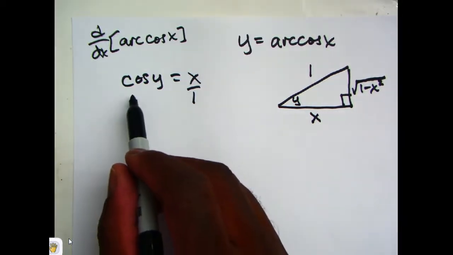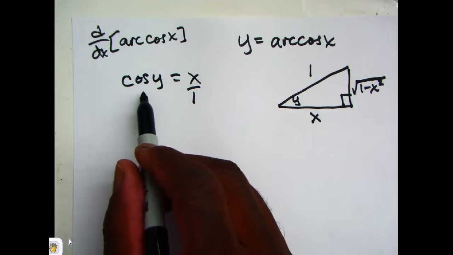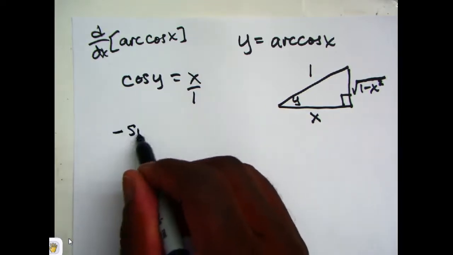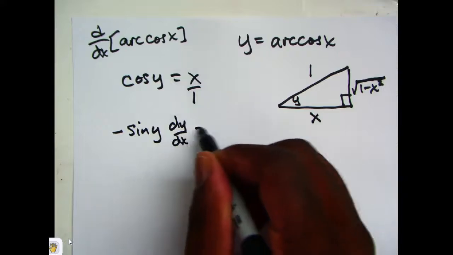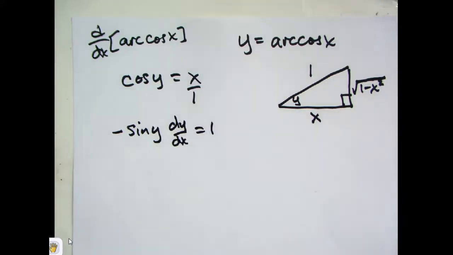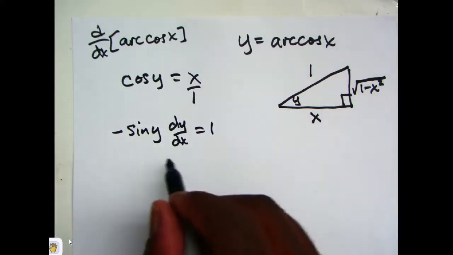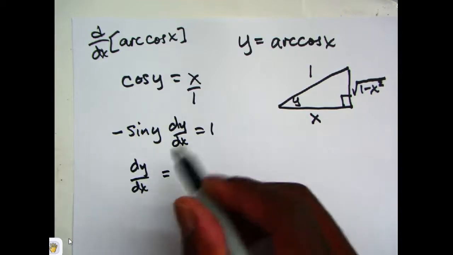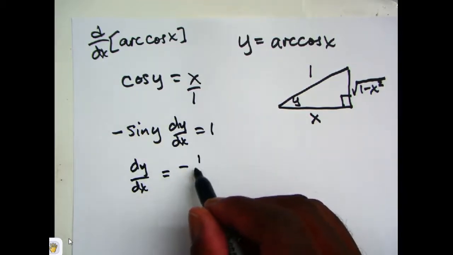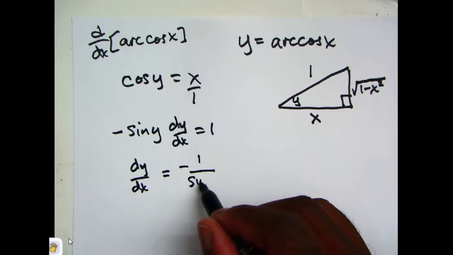Now we take the derivative of both sides. The derivative of cosine is negative sine of y, dy/dx, and that's equal to 1. So dy/dx is equal to negative 1 over sine y.